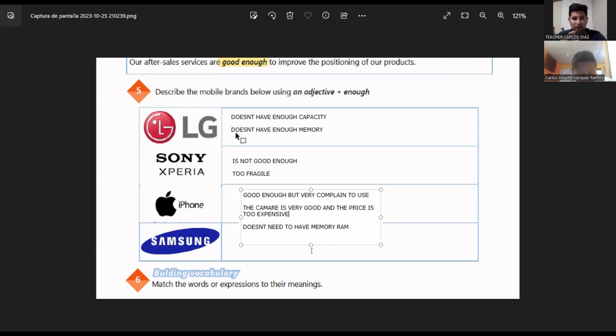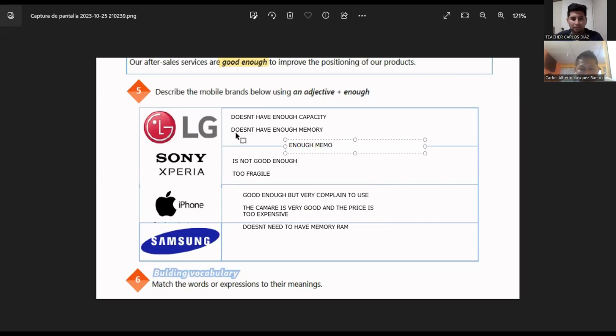You can eliminate "doesn't have" and substitute it with "not enough capacity." The sentence is okay, but you can say not enough capacity, not enough memory.